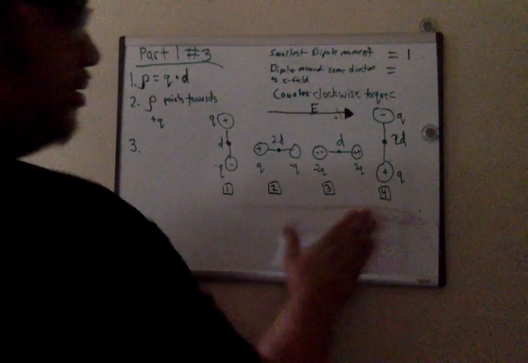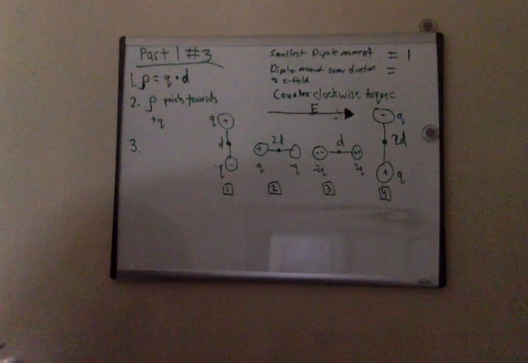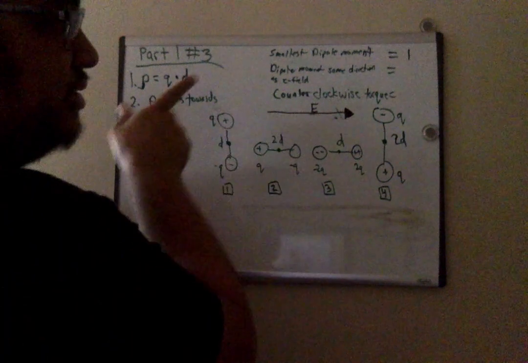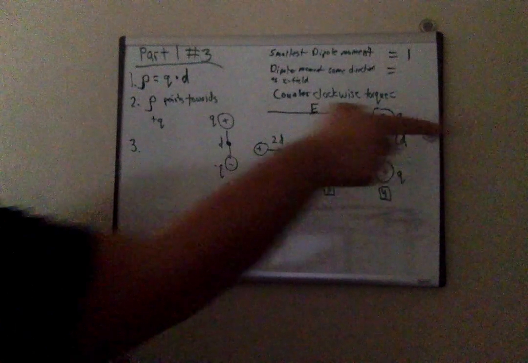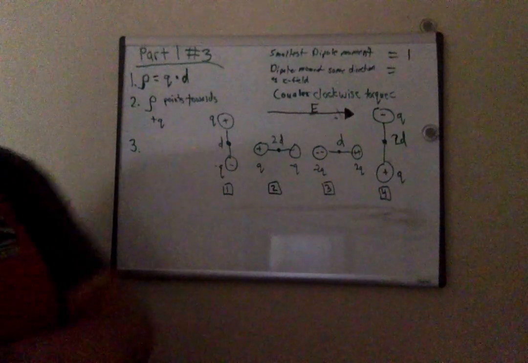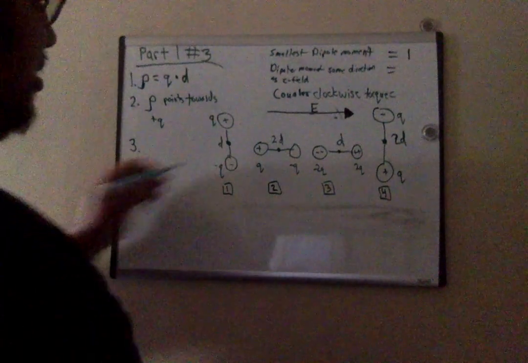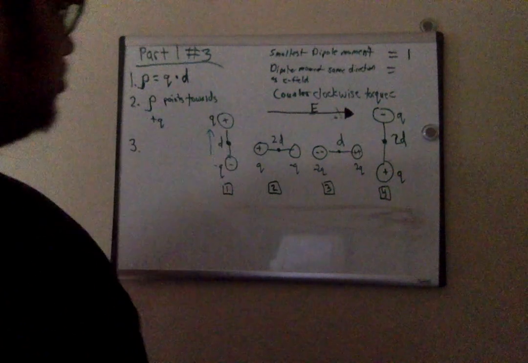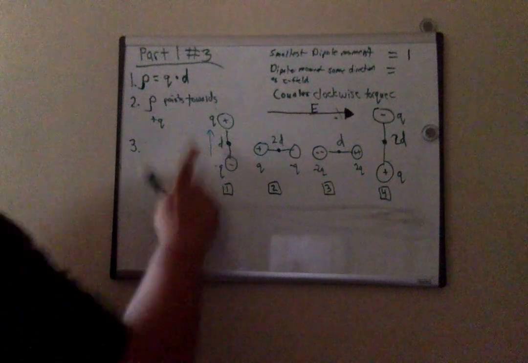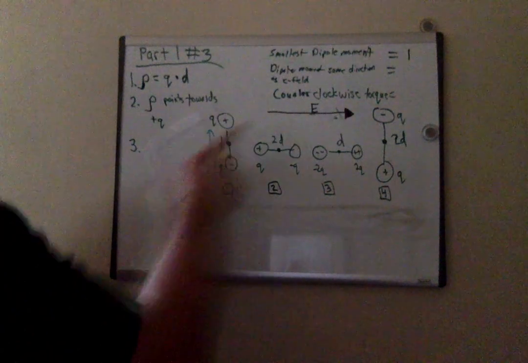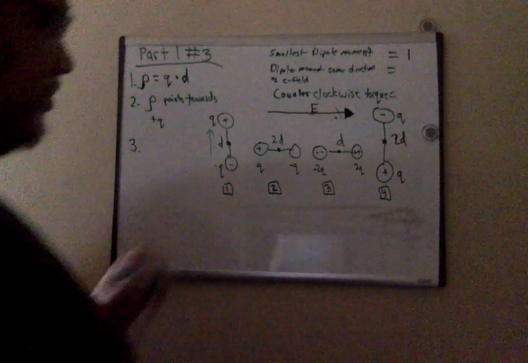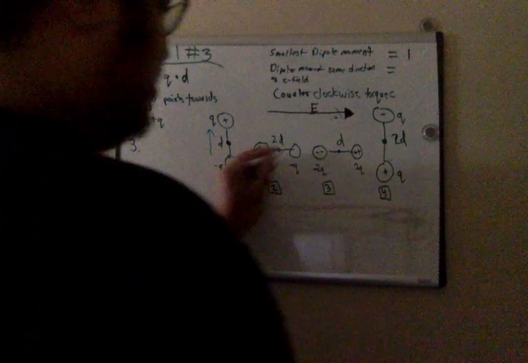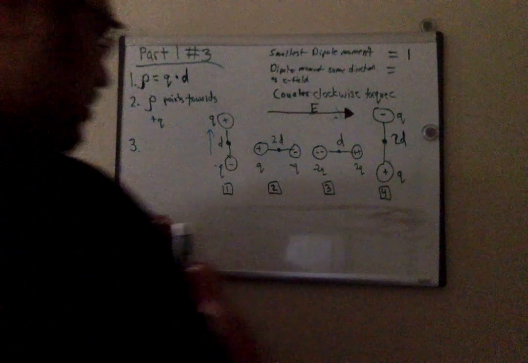Now, dipole moment in the same direction as the E field. We know the E field is uniformly moving in that direction. The direction of the dipole moment is, remember, always towards the positive charge, so here it's pointing up. This is not in the same direction. Here, oh, I forgot to write the negative charge here. Oops, there we go.